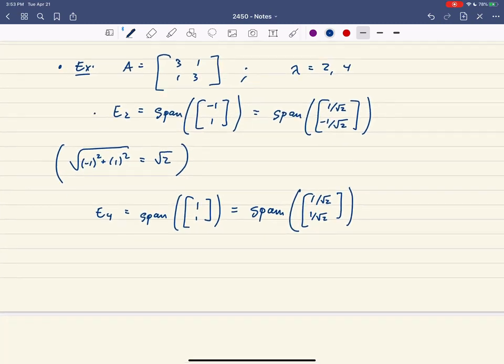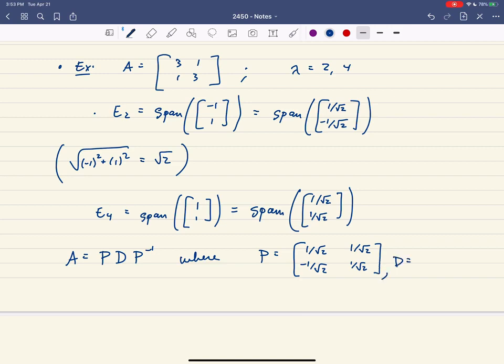And it turns out that you can write A as P times D times P inverse, where P is going to be the matrix whose first column is the eigenvector 1 over square root of 2, negative 1 over square root of 2. And then the second column would be 1 over square root of 2, 1 over square root of 2.